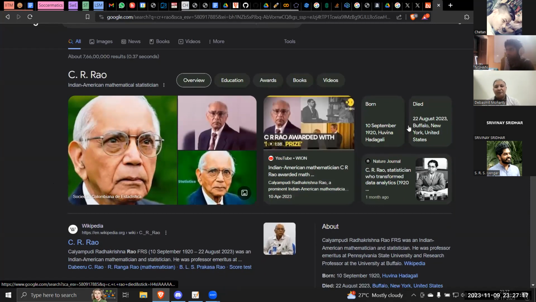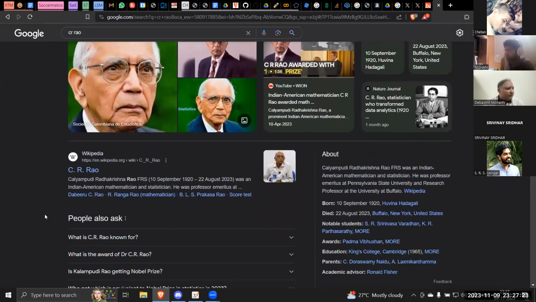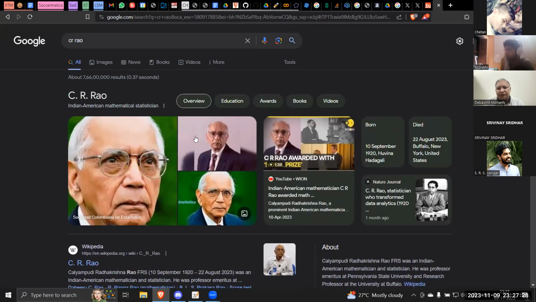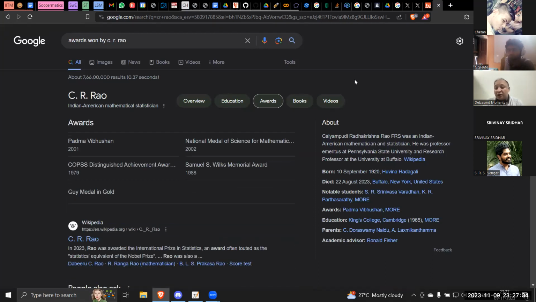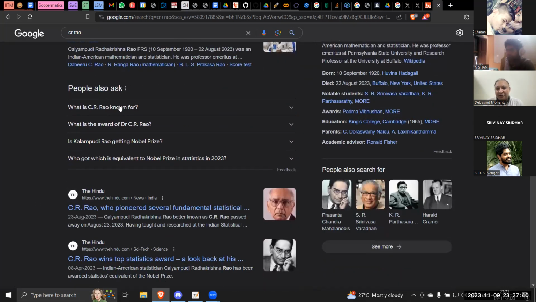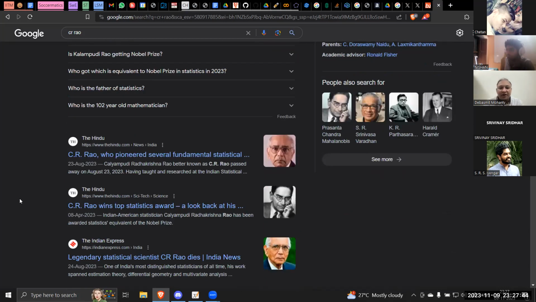There's an institute in his name in Hyderabad. He was director of ISI for a long time. In fact, he relocated to the US to live with his daughter, so that's how he ended up associated with Pennsylvania State University. He's like a stalwart.